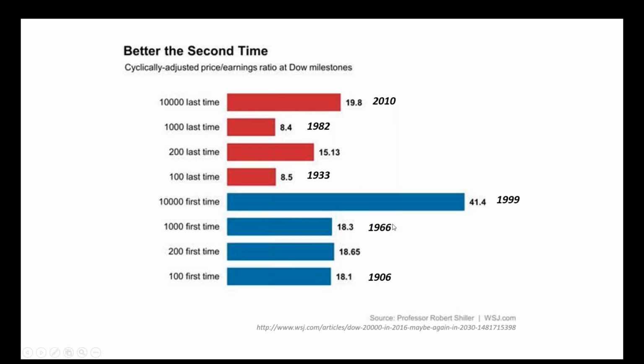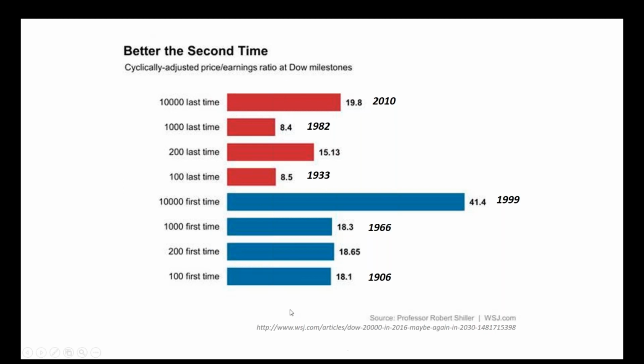First time it hit 1,000? It hit 1,000 in 1966. Look at how long it took to get there again. Do you understand what I'm saying here? It hit 1,000, and then it went down and meandered around, and it didn't leave 1,000 for good until 1982.